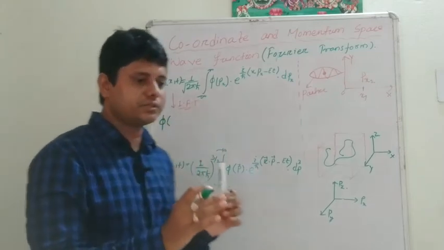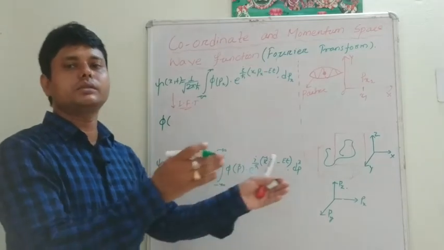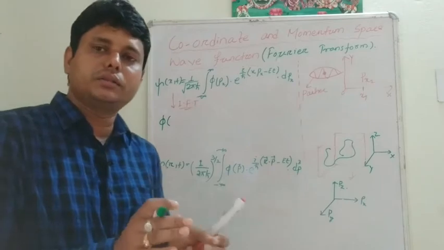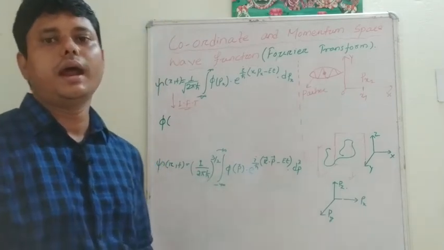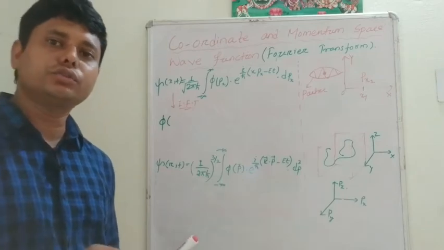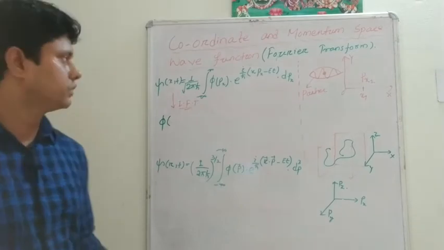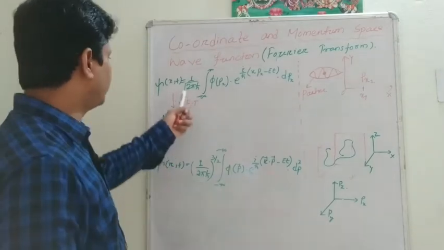The Fourier transform and inverse Fourier transform we have discussed in detail in our 4th semester. So if you have forgotten somewhat, you go with your notes and try to clear that. And also I discussed at the start of our quantum mechanics about Fourier transform and inverse Fourier transform. So here I am writing directly.